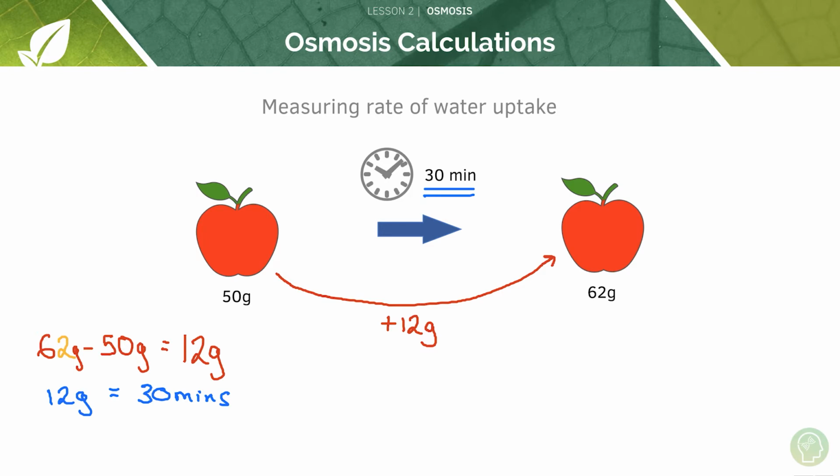And if we want to measure a rate, we've got to get the time down to a basic unit. So either down to 1 minute or to 1 hour. So we can measure the rate of water uptake per minute or per hour.